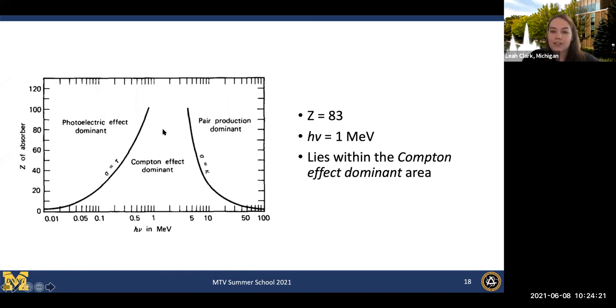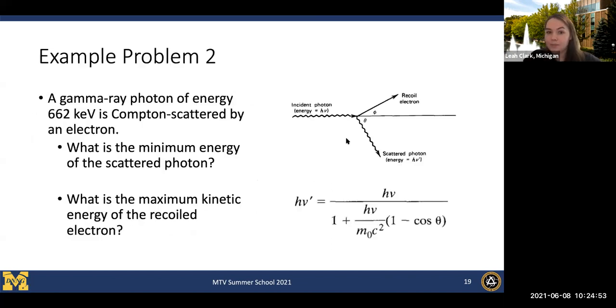Now, if I had changed my incident energy to 10 MeV, for example, or just kidding, 0.1 MeV even, this could change the effects drastically, and again, depending on what I changed our electron energy to. So that's just a fun example of how to try and figure out which type of interaction can occur with a gamma ray. And now we're going to go to our second problem. This is a Compton scattering problem.